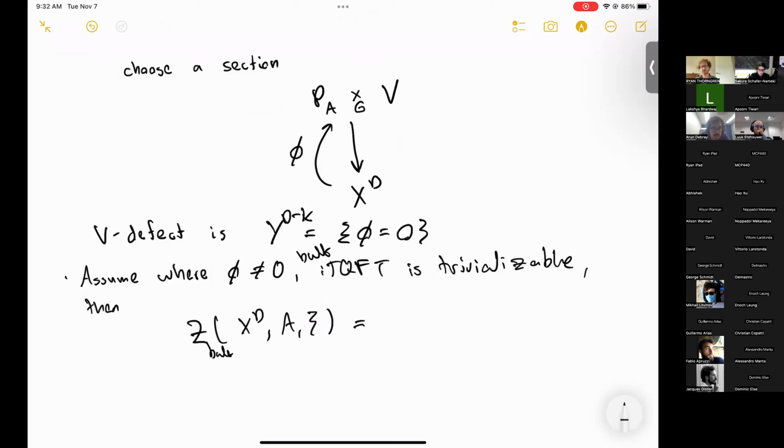It gets trivial contribution away from the defect, so it can just be computed along Y, and that will define the defect partition function on Y and whatever structure we have on Y. So we have the gauge field restricted to Y, and we have the rest of the structure restricted to Y.